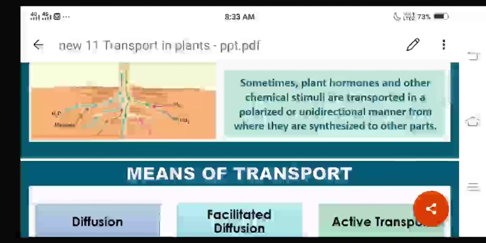It means plant hormones or plant growth regulators and even some other chemical stimuli may be transported in a unidirectional manner from where they are synthesized to other parts of the plant, right?